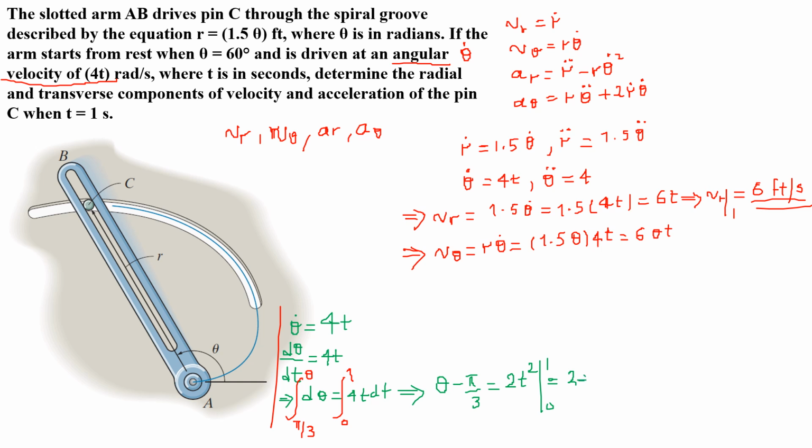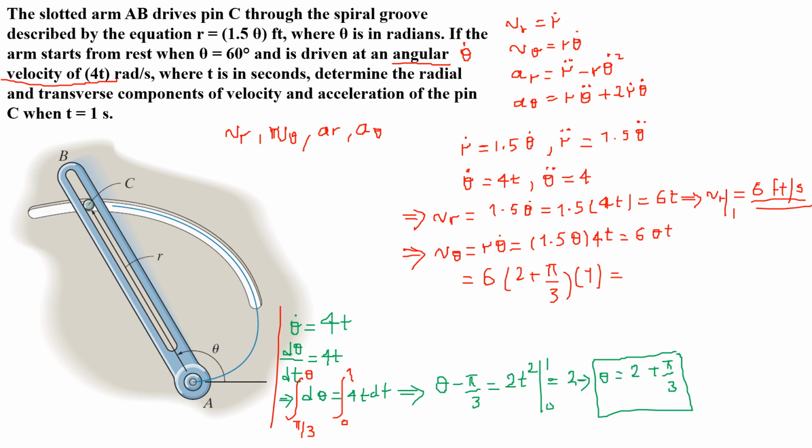So now I have found this relation. Theta is simply at time equal 1 is 2 plus pi over 3. Now we did this just to find this theta here. So now I can replace this theta by this quantity here. So I have this now equals, let me do it here, 6 times 2 plus pi over 3, and we are finding this at 1, so times 1.